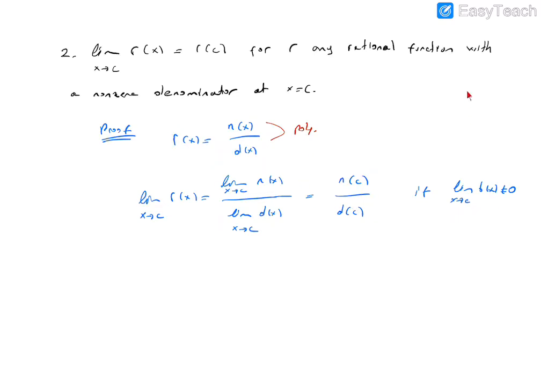So under this assumption, with a non-zero denominator at x equals c, we obtain this result, r of c. Why? Because this limit equals d of c. So implicitly d of c is different than 0.